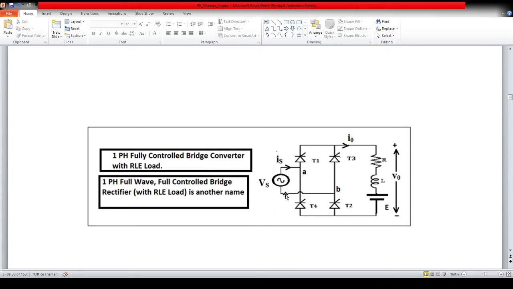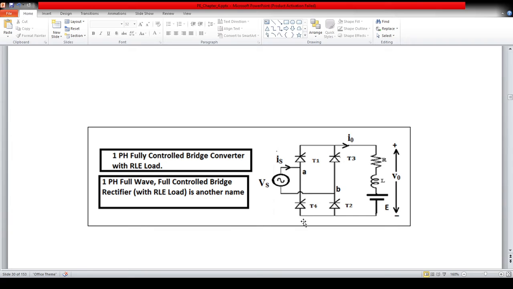Similarly, this is positive during negative half cycle. Positive will touch now cathode of T2 and negative will touch anode of T2 because you have fired T4 now at pi plus alpha.